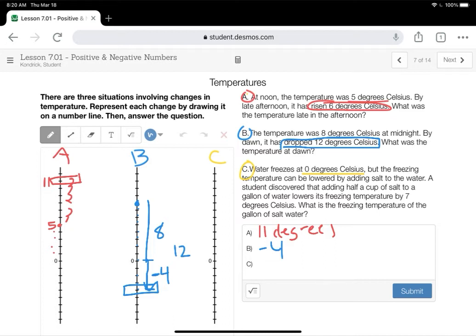So in this case, if we see we started at 0 was the original, we're really actually going to be going down because we are lowering. So lower meaning going down 7. So 1, 2, 3, 4, 5, 6, 7. And we would be at -7 degrees because we're going down 7.